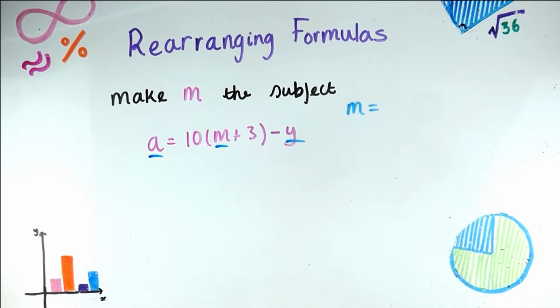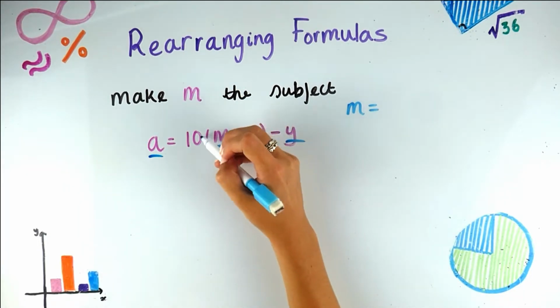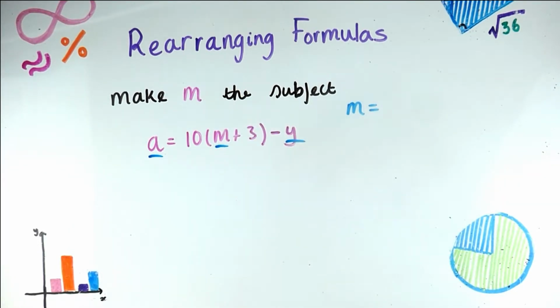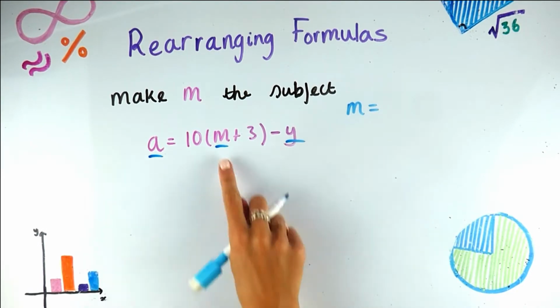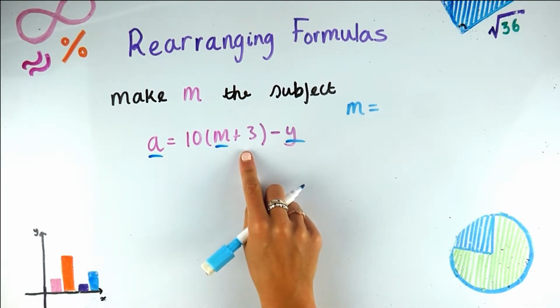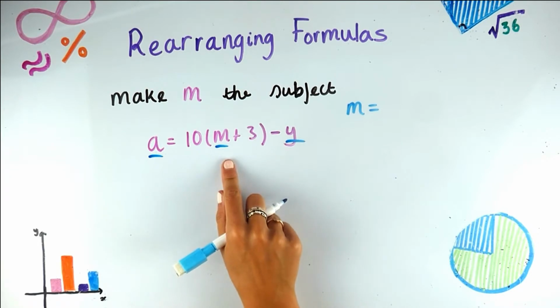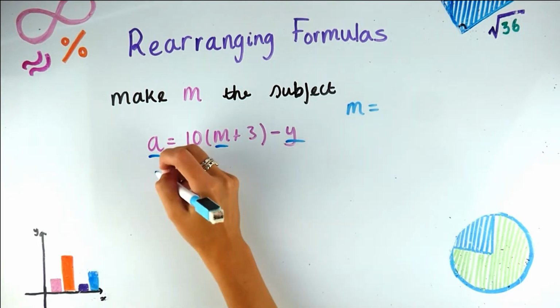You can go about these in different ways, but the step I would do first, because there's a bracket 10M, I would expand that bracket because it's also attached to a 3 at the moment and we don't really want it attached, and if we expand it, it's going to become its own thing.